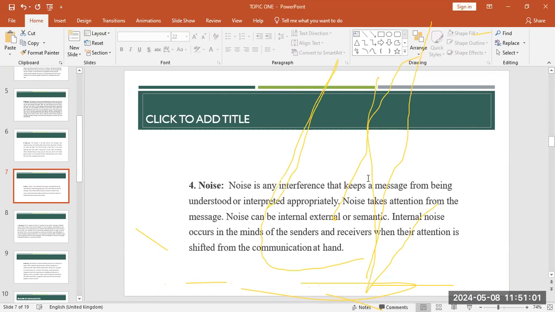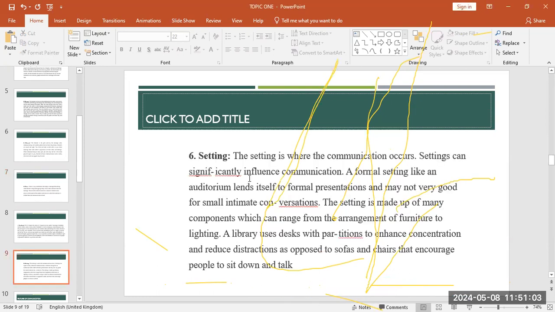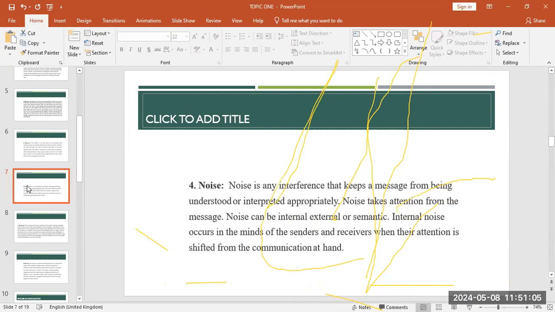So when you talk about that, we also have other noise. For example, we have mechanical noise. Mechanical noise is any noise that comes from, for example, the gadgets we are using. Maybe the phone you are using does not have network, or credit, or you don't have enough bundles or internet.